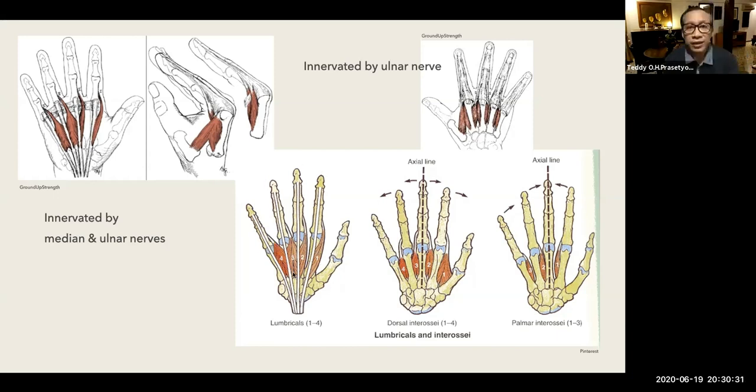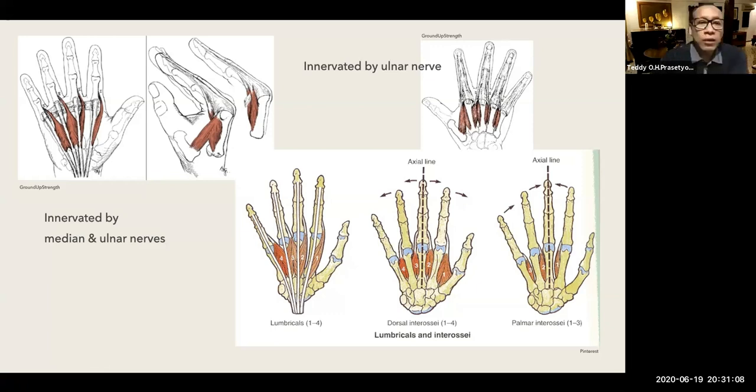So when it contracts, its function is mainly to flex the MP joints, those two MP joints. The position of the lumbricalis muscle is on the radial side. You see that? The radial side of each ray or of the proximal phalanges. And its origin is at the FDP, the flexor digitorum profundus tendon in the palm here.